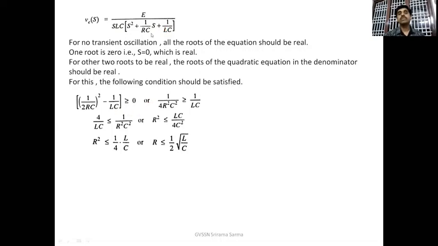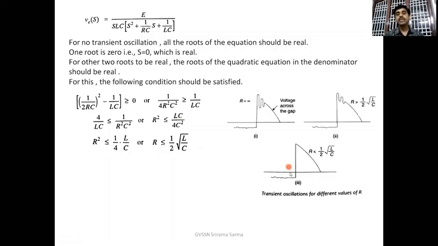Therefore, if you apply b square minus 4ac, it is (1 by RC) square minus 1 by LC greater than or equal to 0, or 1 by 4 R square C square is greater than or equal to 1 by LC. If you simplify this expression, we will get R is less than or equal to 1 by 2 root L by C, so that there will be no oscillations.